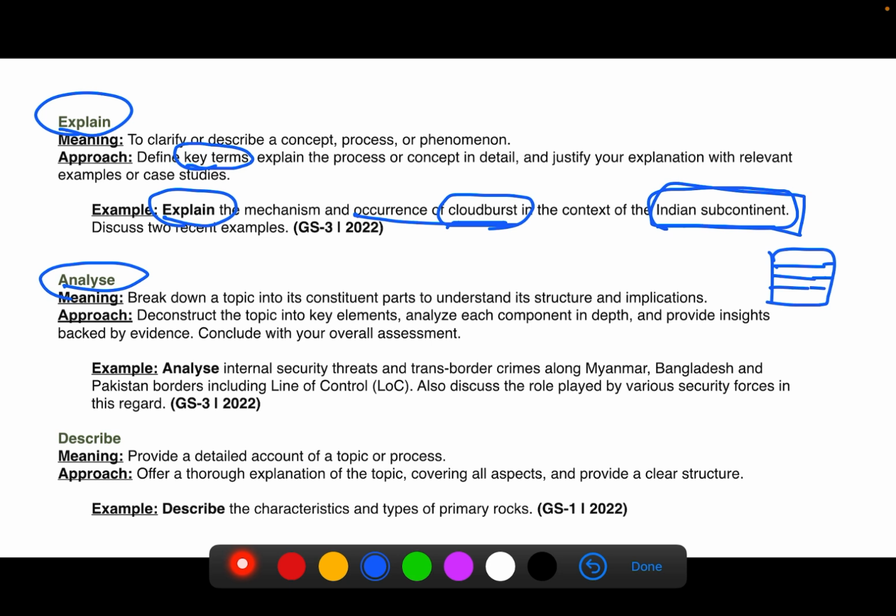See, when there is a question about internal security threats and trans-border crimes along Myanmar, Bangladesh, and Pakistan, we need to have a clear explanation about each border along Myanmar, Bangladesh, and Pakistan. Here we need to explain in detail the internal components. What are the internal security threats in Myanmar, in Bangladesh, and Pakistan? And also discuss various security forces.